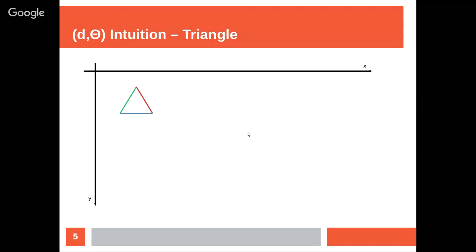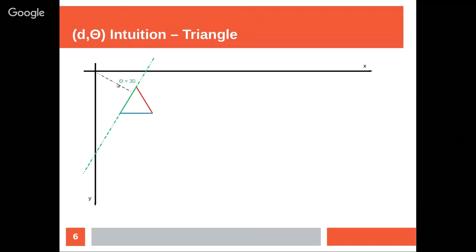Hopefully, if I've done my job well, this will suggest an algorithm pretty immediately. If we look first at this green line, I'm going to make it dashed and long, because once we parameterize it with d and theta, it represents the entire line to plus and minus infinity.